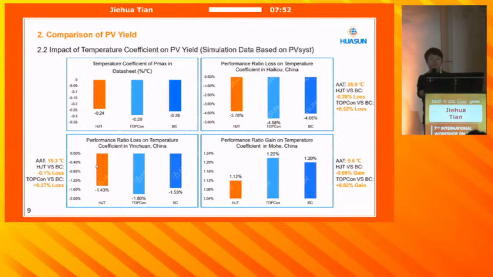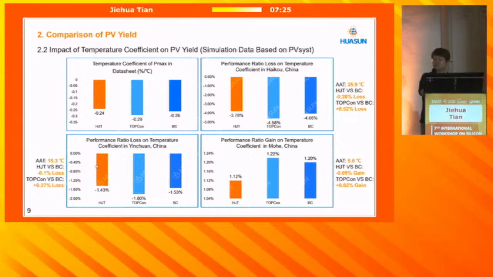We import this data into PVsyst to simulate. In Haikou, the average annual temperature is 24.9 degrees. The efficiency loss for IGT is lowest. BC is middle and TOPCon is highest. In Yinchuan, the temperature is 15.3 degrees. The efficiency loss for IGT is lowest.